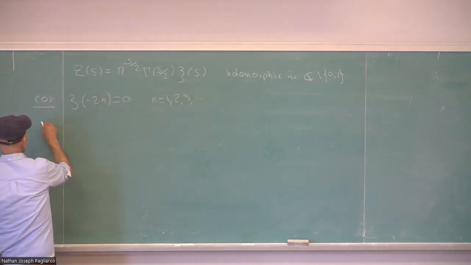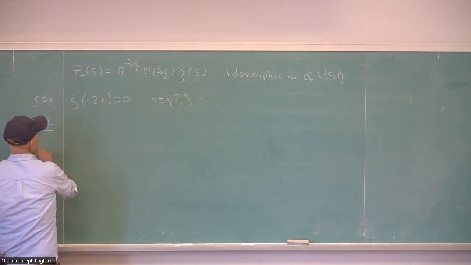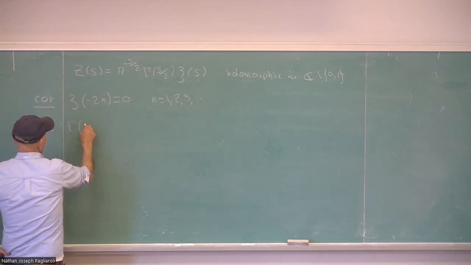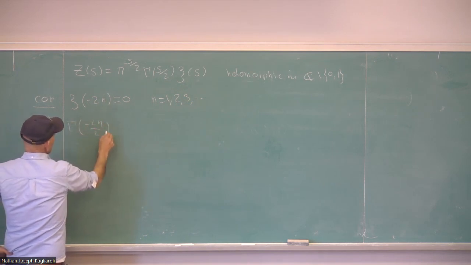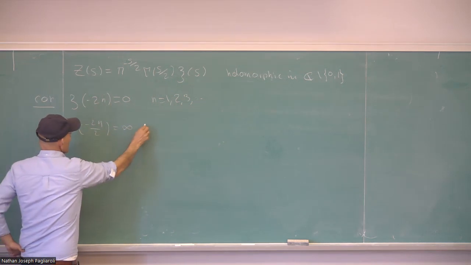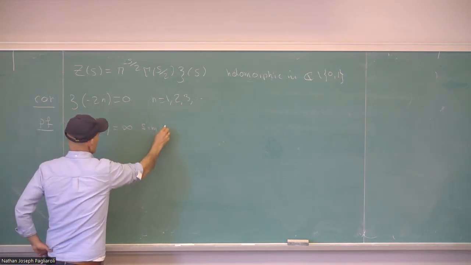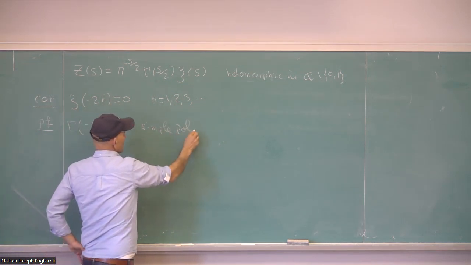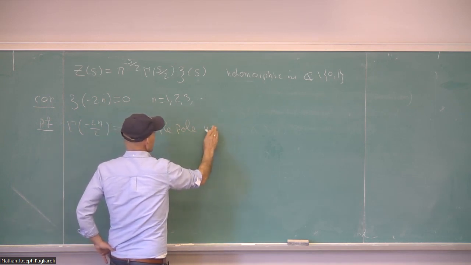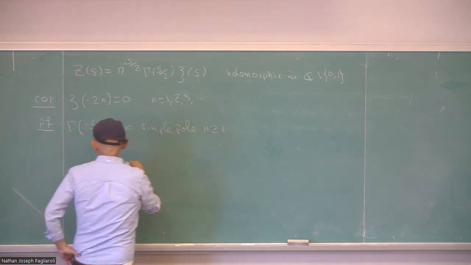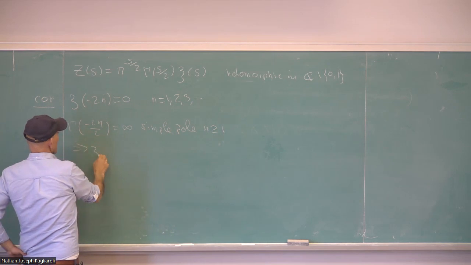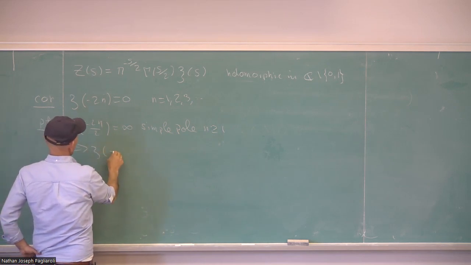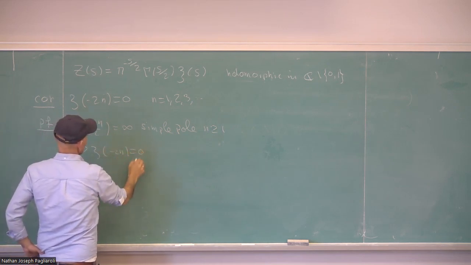Proof: gamma of minus 2n over 2 is infinite, it's a simple pole. This implies that zeta of minus 2n is equal to 0.